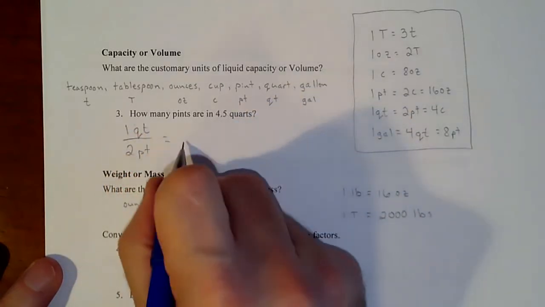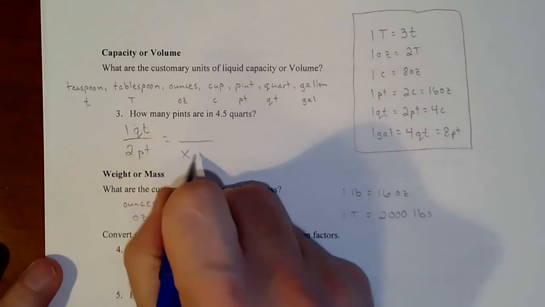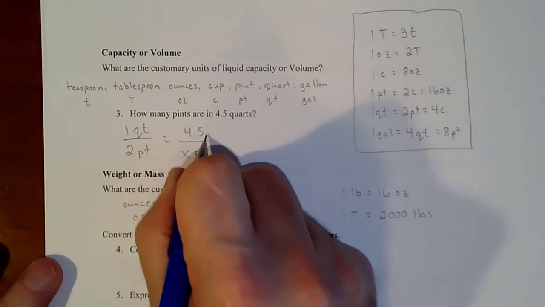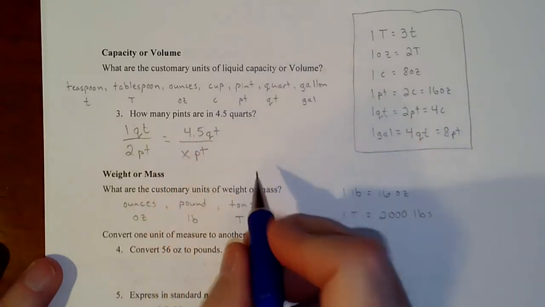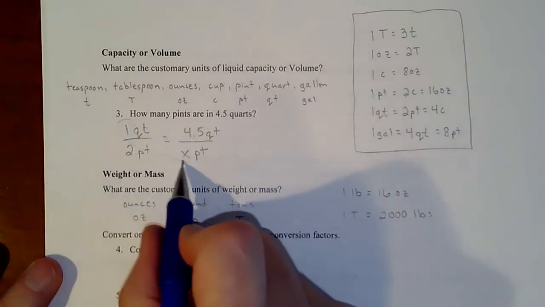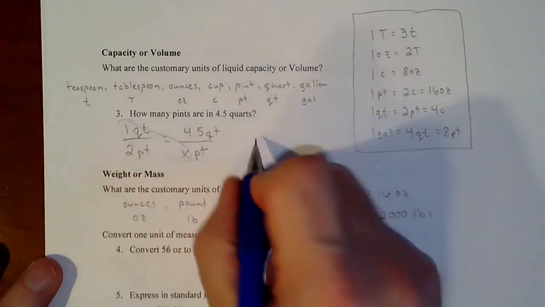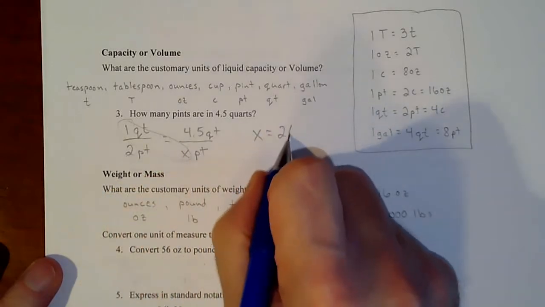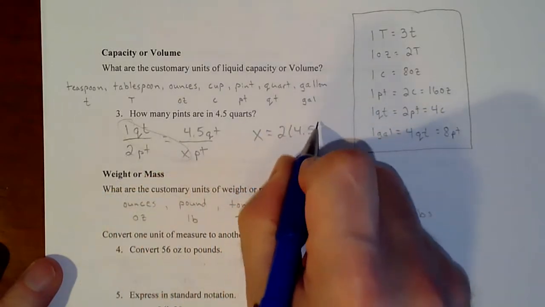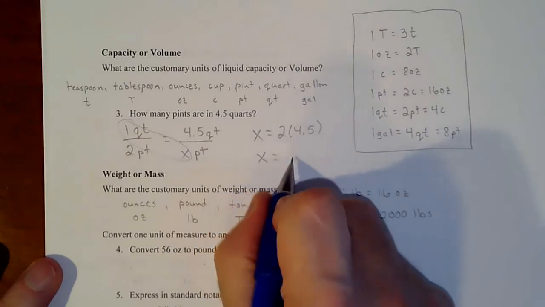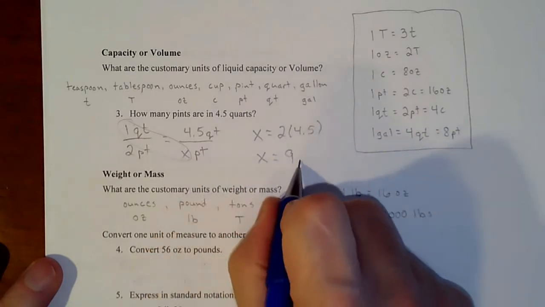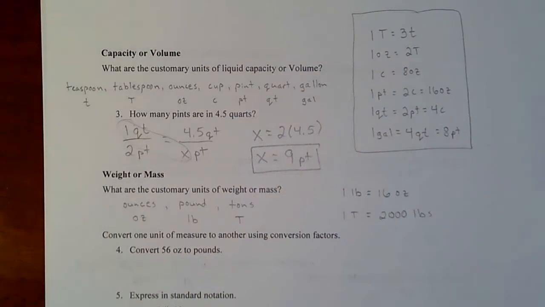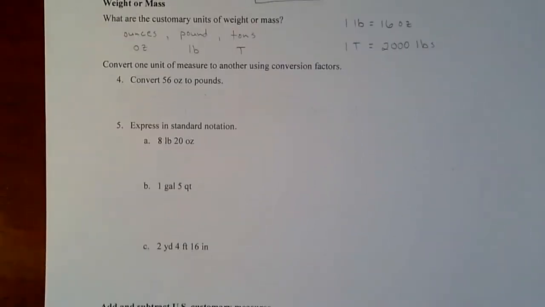So then how many pints is 4.5 quarts? So cross multiply. I got x times 1 is x. I'd have 2 times 4.5. So that's going to be 9. And then my label would be pints. So 9 pints. Okay. All right.